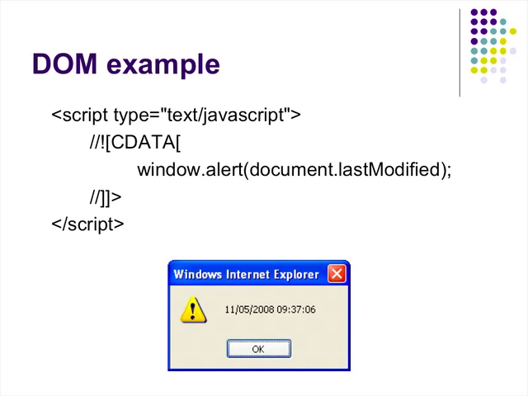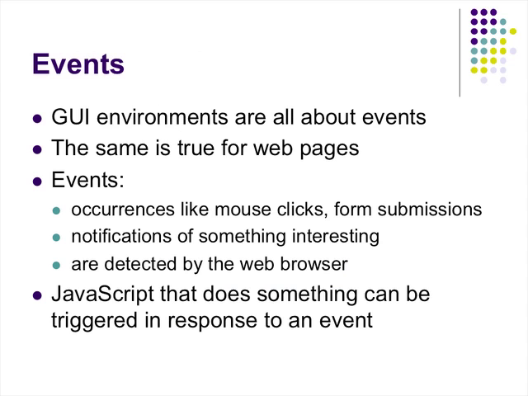Now, in addition to working with objects in the document object model, the DOM, we also work a lot with JavaScript with events. Now, all graphic user interface environments, GUIs, are about events. The user moves the mouse, they use the keyboard in some way, they resize a window, and so this is true for all web pages.